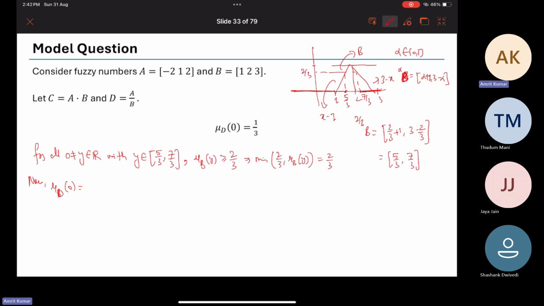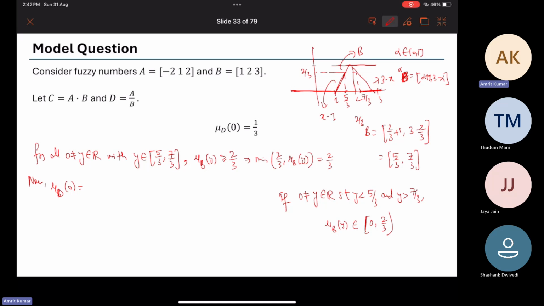And in this particular real line, when y approaches 5 by 3, the membership value increases to 2 by 3. So when you approach 5 by 3 from the left-hand side, the membership value keeps on increasing, but it goes all the way to 2 by 3.